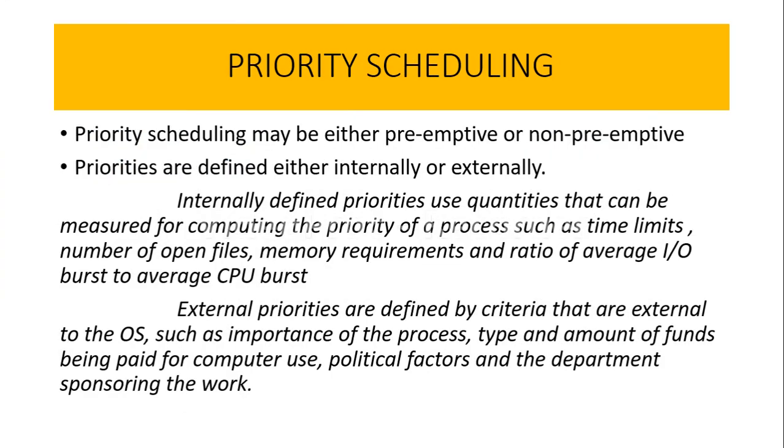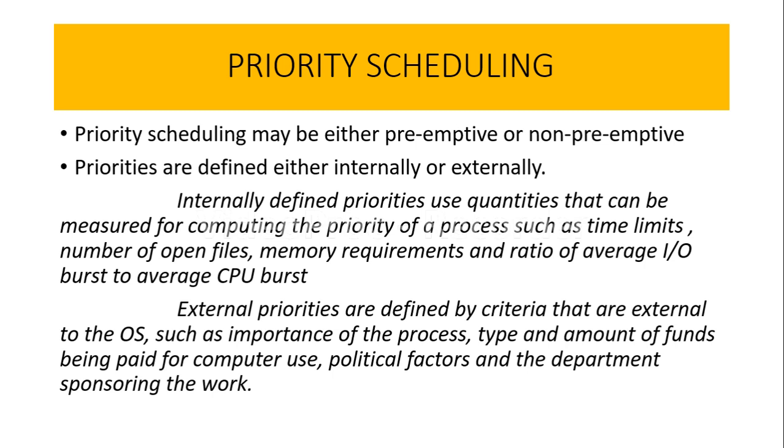Now, when I say the priorities are given, remember the priorities can be either internal or external. Internal priorities consider the time limit of the process, the number of open files, the memory requirement, the average input output ratio, and the average burst time.